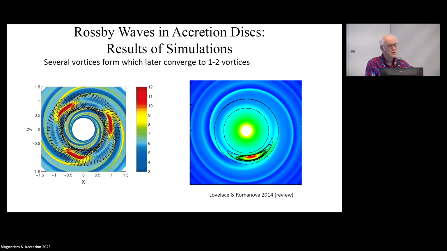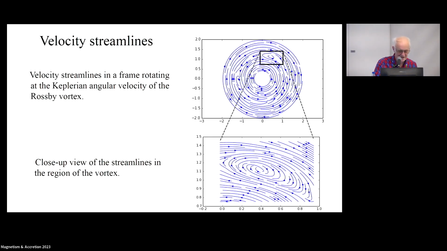The vortices are anticyclonic, and as a function of time, the vortices tend to merge and form a single vortex that's shown on the right-hand side. So here I'm showing in more detail the streamlines.